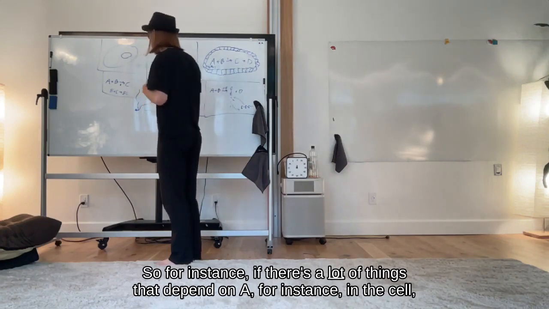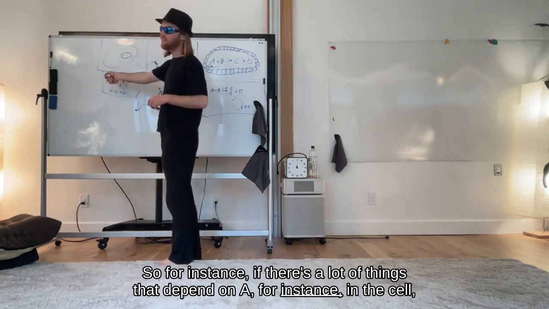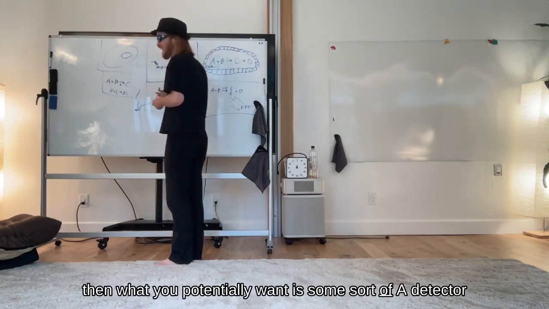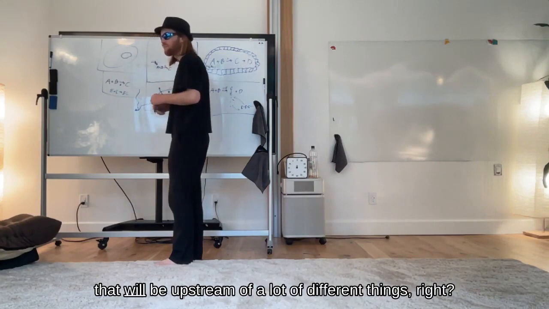If there's a lot of things that depend on A in the cell, then what you potentially want is some sort of A detector that will be upstream of a lot of different things, right?